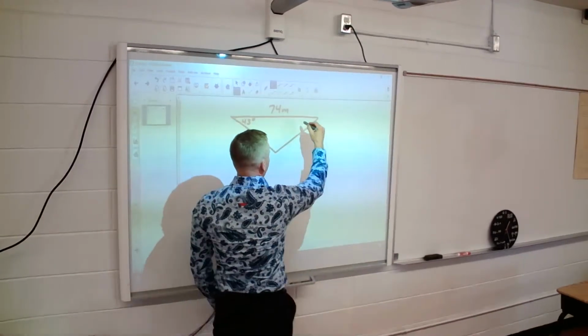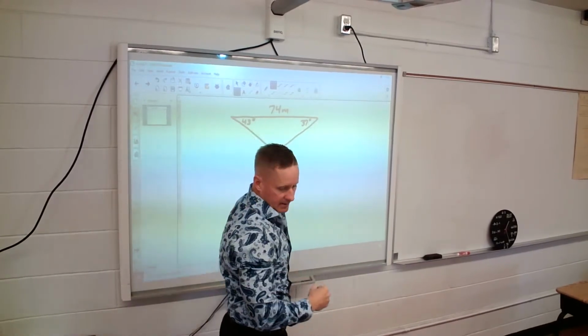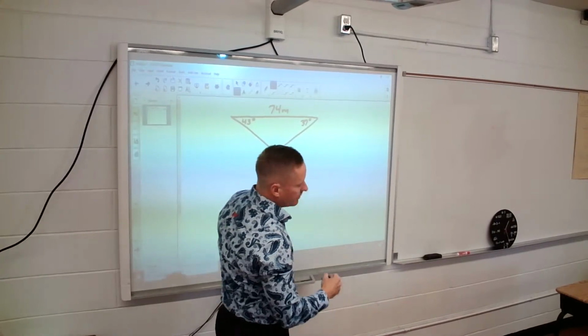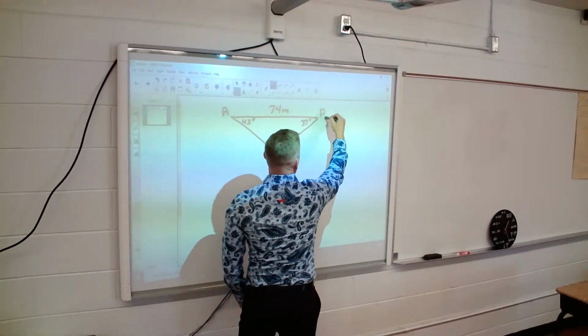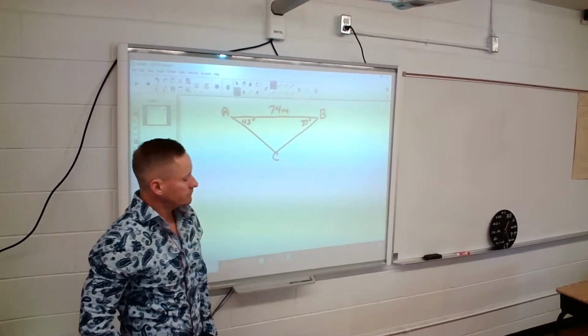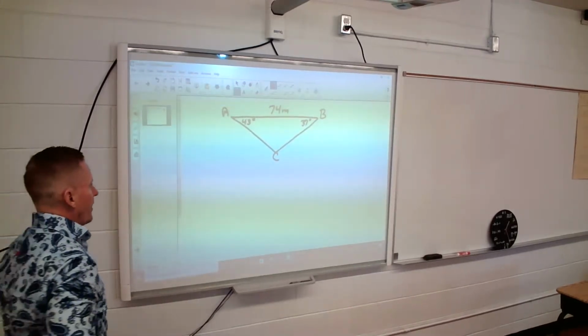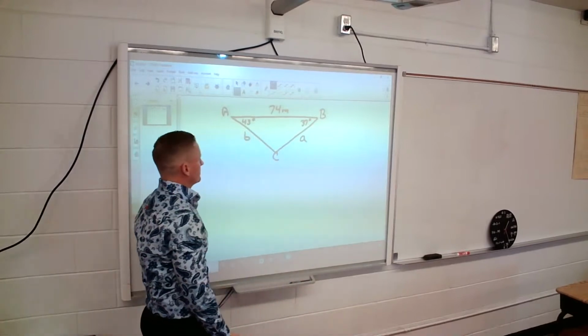The other angle of depression is 37 degrees. They want you to determine the length of the cable on both sides here. So let's label this and this. Okay. So we need to find this and this.